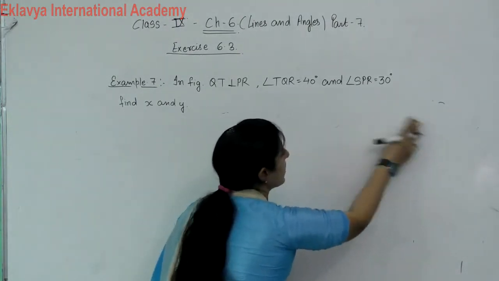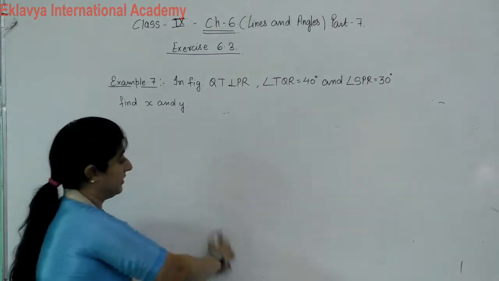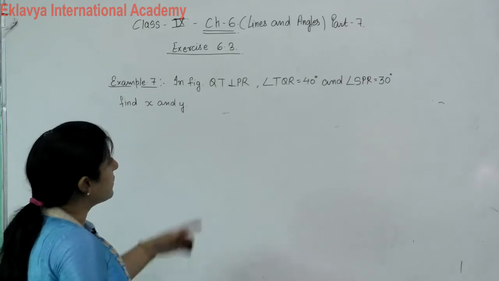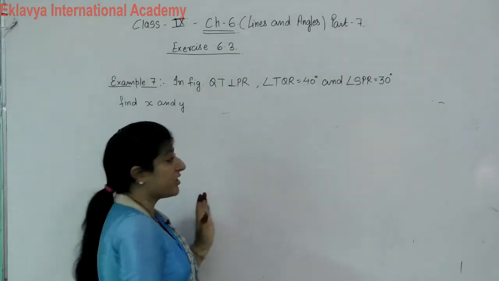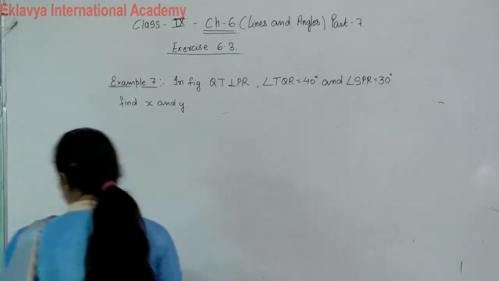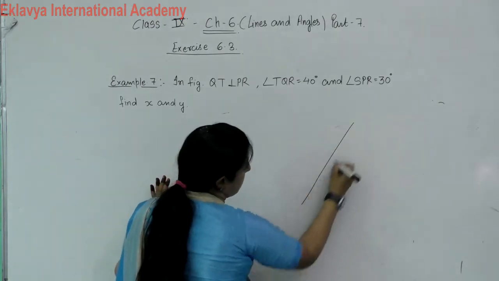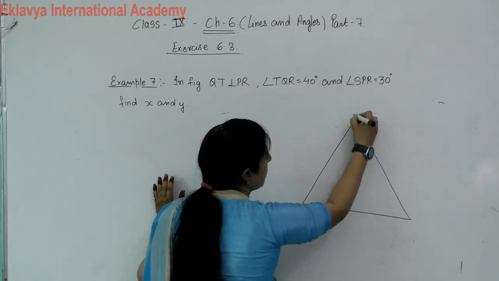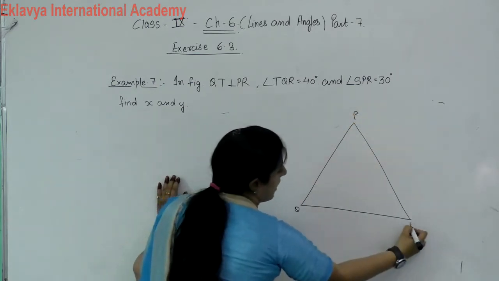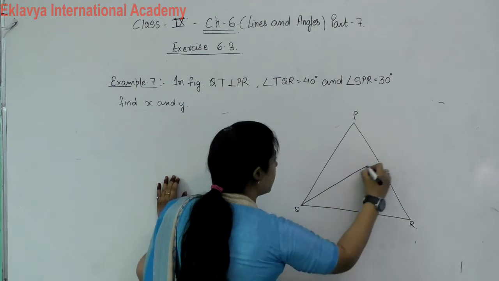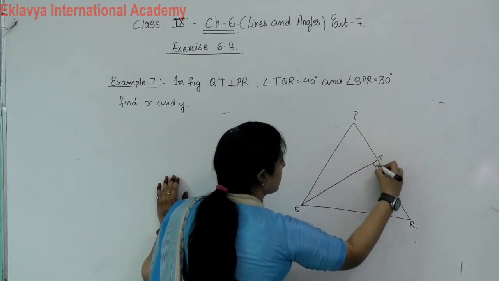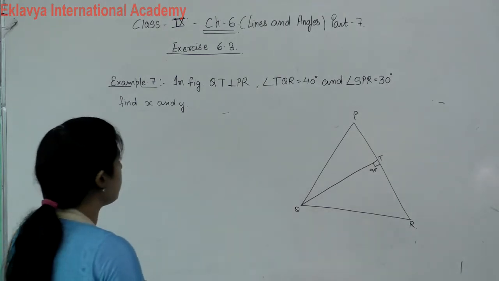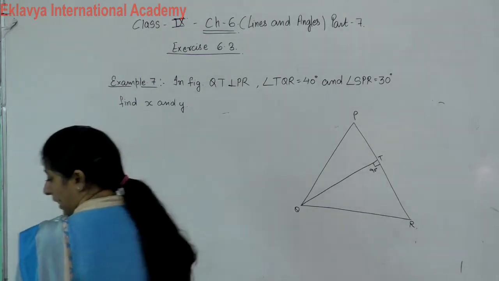This theorem is already proved. In the figure, QT is perpendicular to PR. Firstly we will draw a figure. There is a triangle PQR. QT perpendicular to PR means this one is 90 degrees.